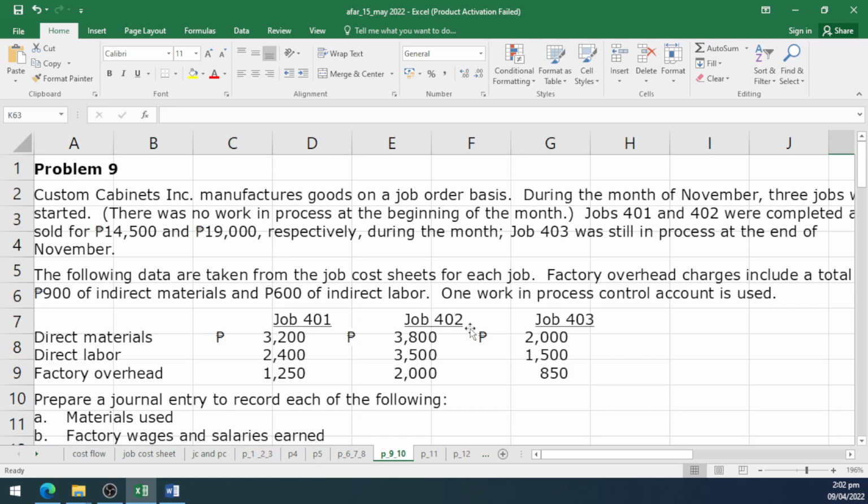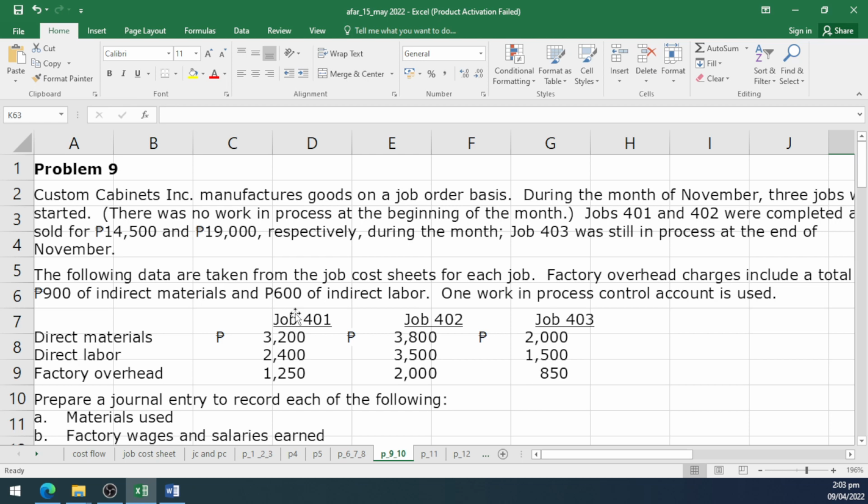Alright, so here, ladies and gentlemen, custom cabinets manufactures goods on a job order basis. 3 jobs were started. There was no work in process at the beginning of the month. Jobs 401 and 402 were completed, and sold for 14,500 and 19,000 respectively. And job 403 was still in process at the end of November.